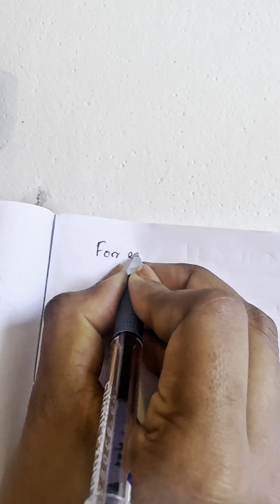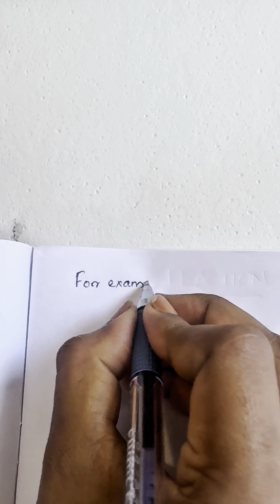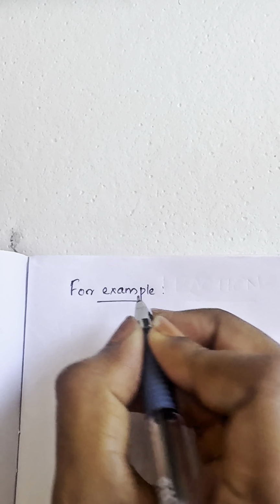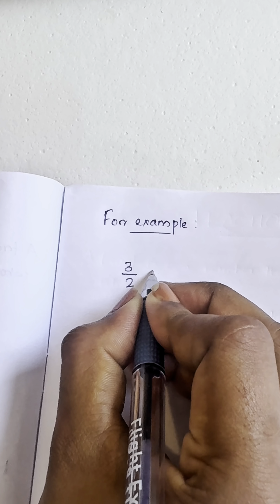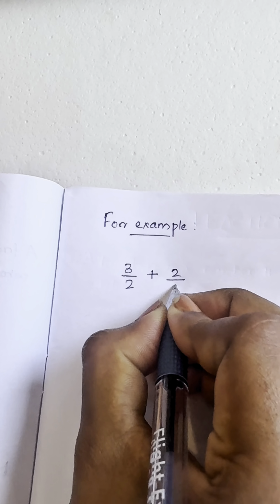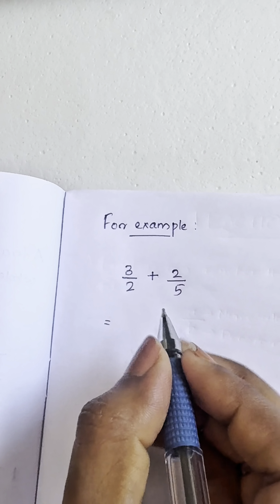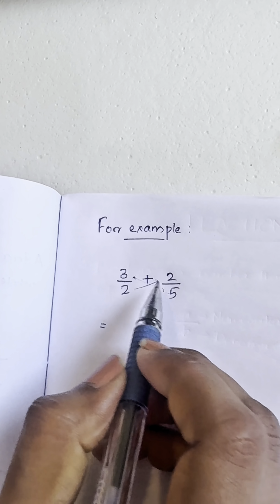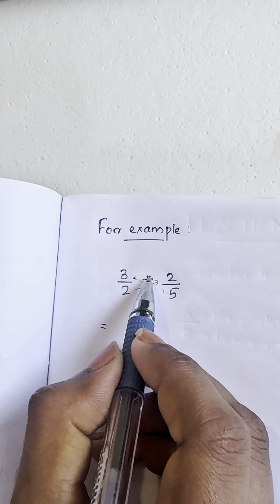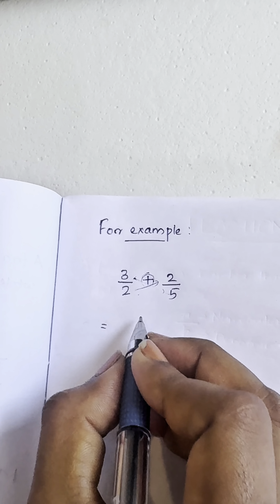So we can go over an example for this addition operation. We can take examples as 3 by 2 plus 2 by 5. These are the two fractions that we are going to add. We can do the cross multiplication just like what we did for variables.